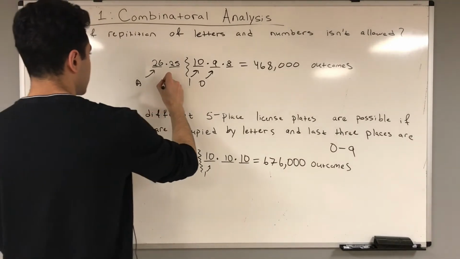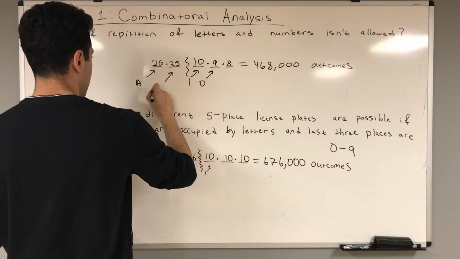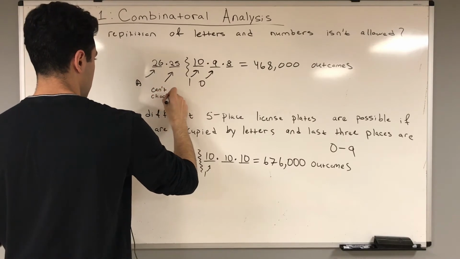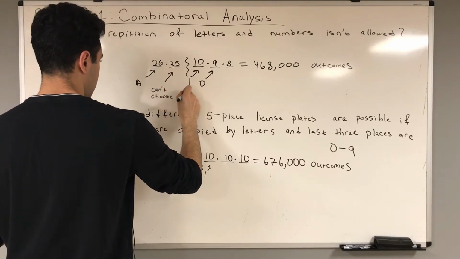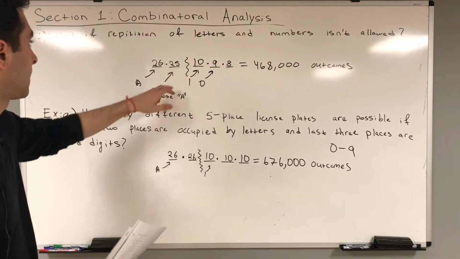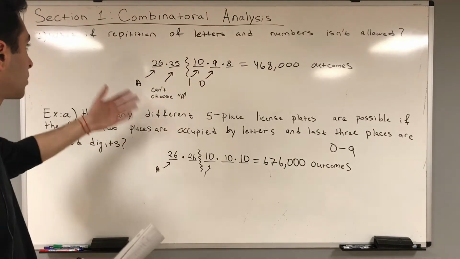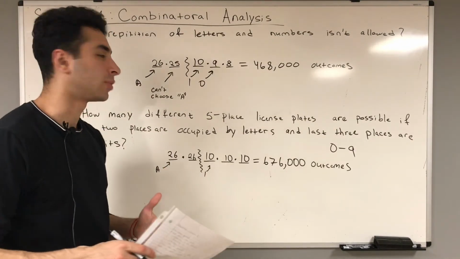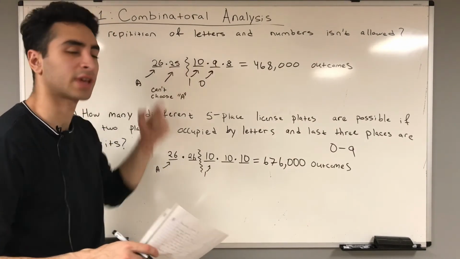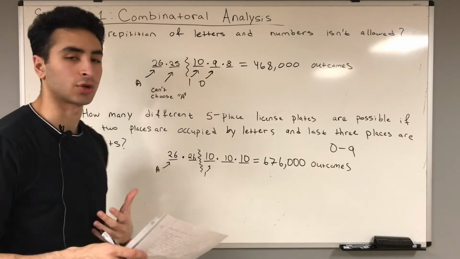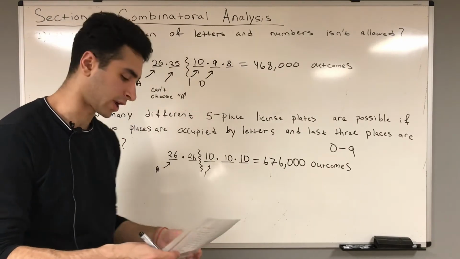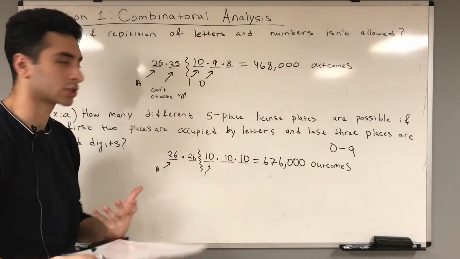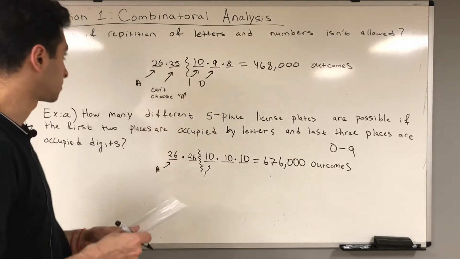So remember, here you can't choose A again, for example. We could have chosen B here, and you can't choose B here, but it still mathematically means that you can't choose that one letter, so you only have 25 letters to choose from anyway. So it doesn't really matter what you choose, but if this helps you see what's going on, please do it.